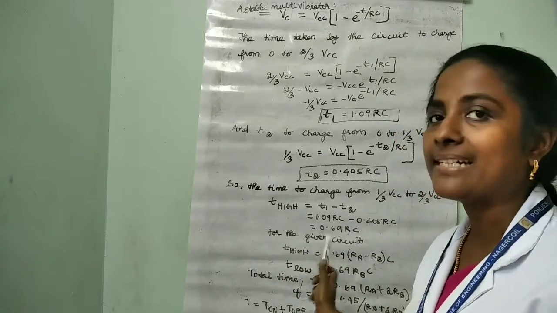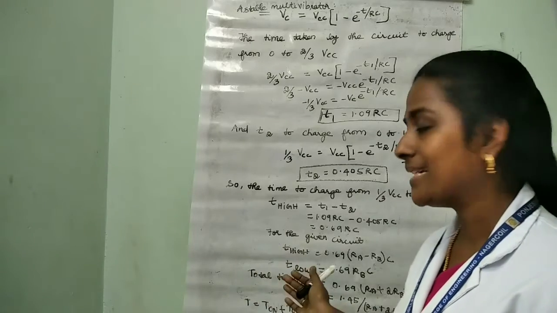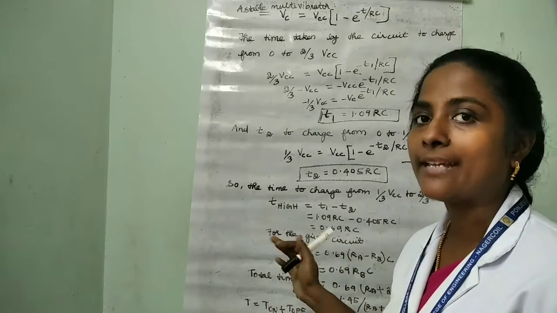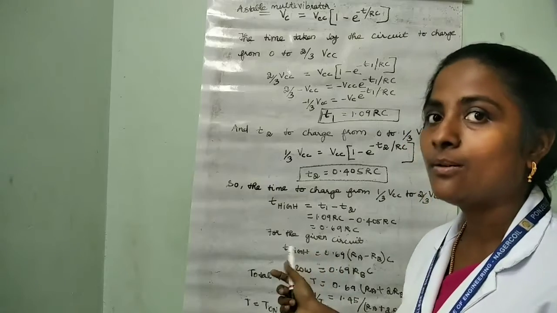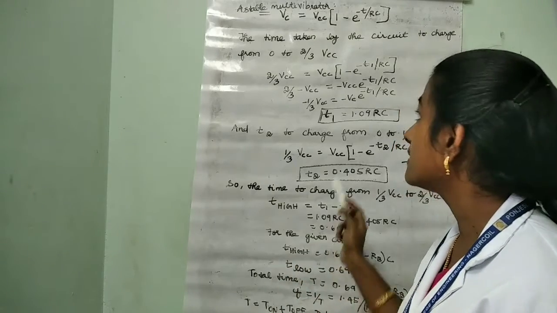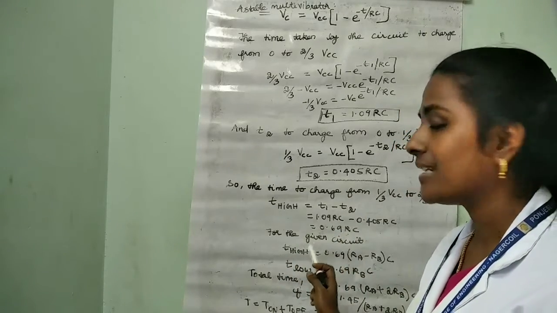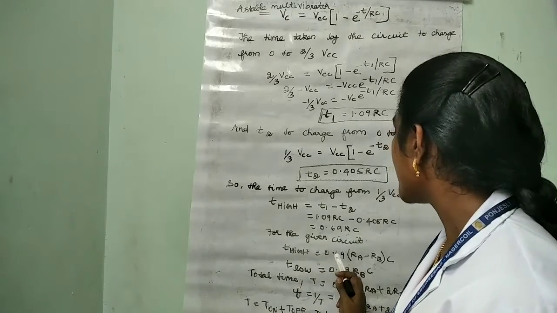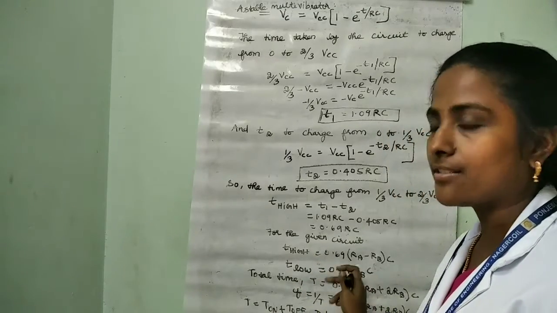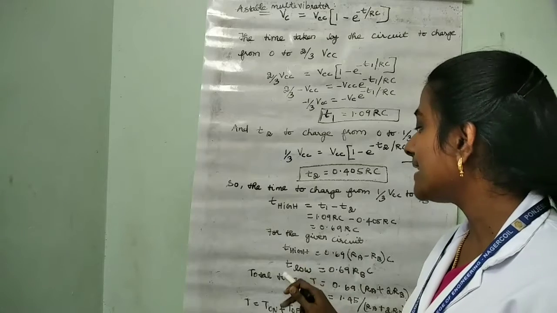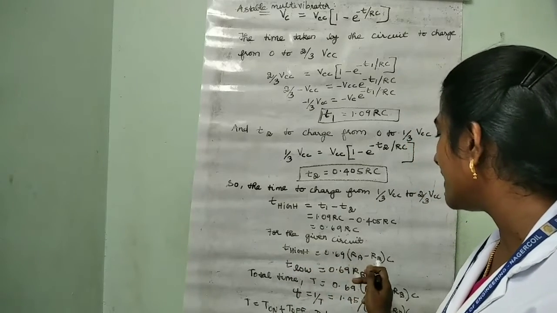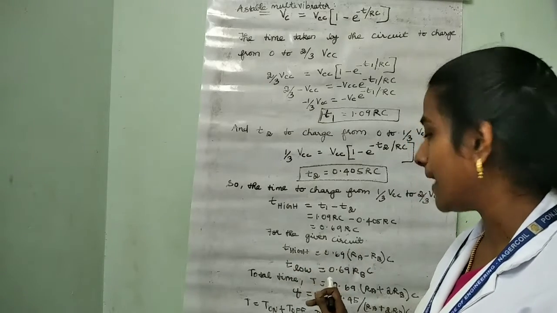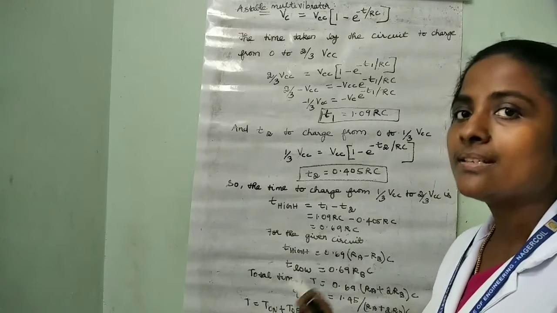So we will write it as RA plus RB. We have two timing resistances, RA and RB. So for this astable multivibrator, T high is equal to 0.69 into (RA plus RB) into C. Similarly, T low, you will take only this resistance, so 0.69 RB into C.